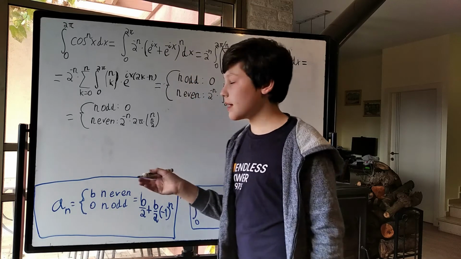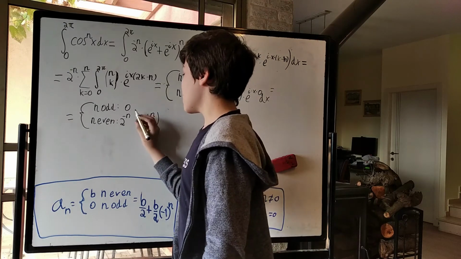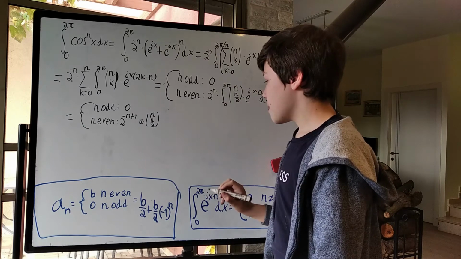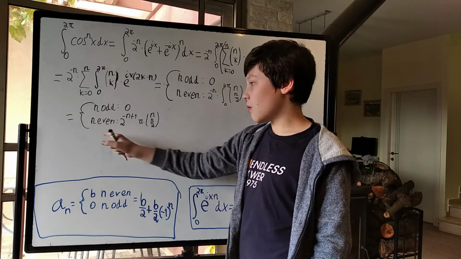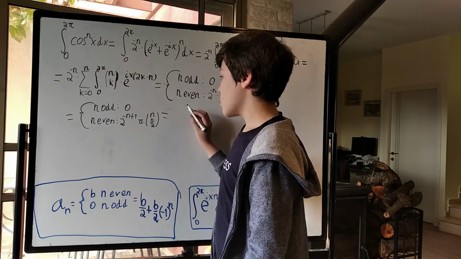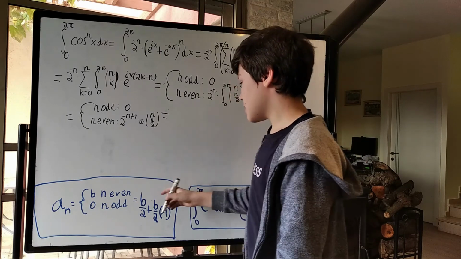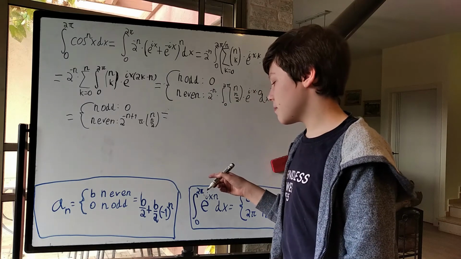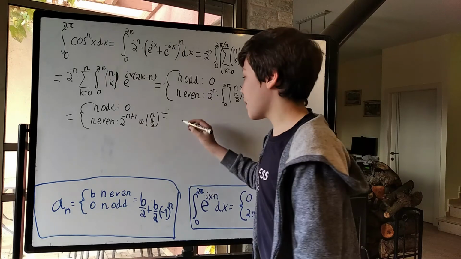And now let's make it a bit nicer by taking this 2 into the power. So this 2 disappears, and this becomes a 2 to the negative n plus 1. Now we will use this establishment. It's something when n is even, but it's 0 when n is odd. So what we will get is just this over 2 plus this over 2 times negative 1 to the n. This over 2 will cancel out the plus 1 in the power here.